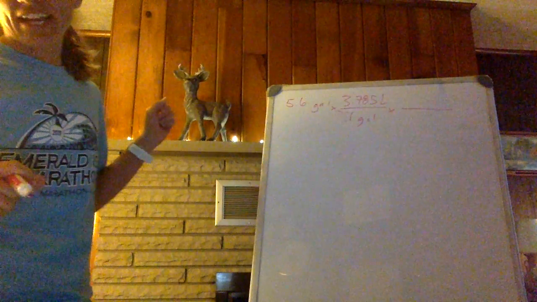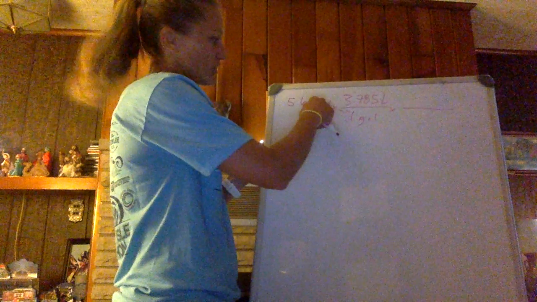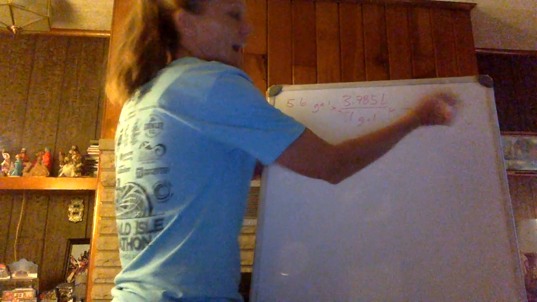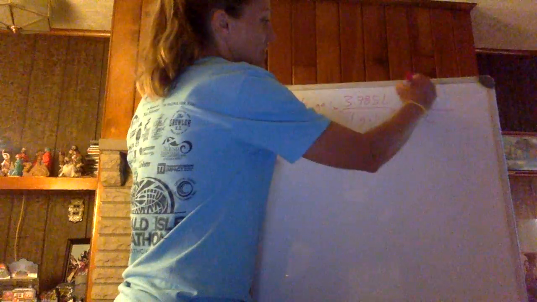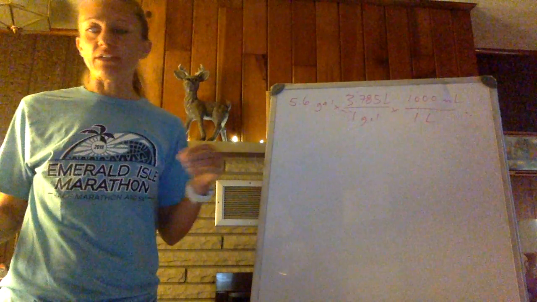I started thinking liters is smaller than gallons. There we go. Gallons on the bottom because it's the unit I started with, liters on the top. And I know this one, this one's easy: a liter is 1,000 milliliters. And there we go. I'm all set up to go gallons to milliliters.